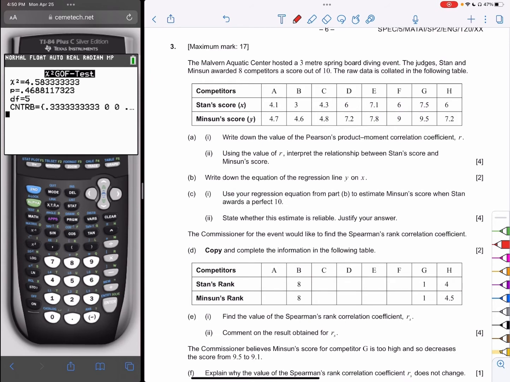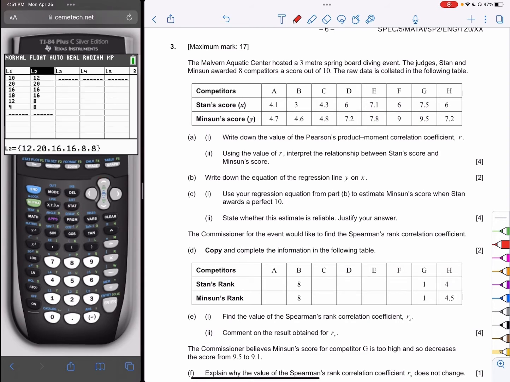All right, so part A, it says write down the value of the Pearson's product moment correlation coefficient R. So in order to do that, we need to press stat. We need to go to edit. We're going to clear out whatever is in L1 and L2.